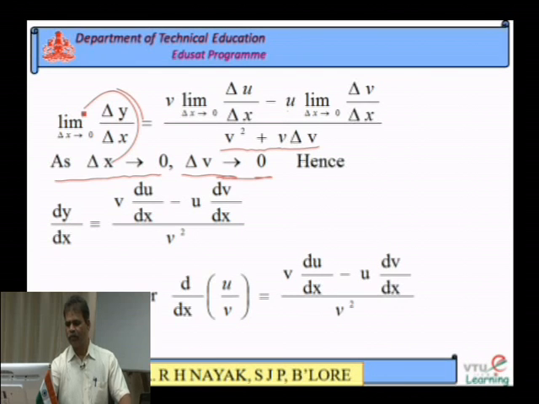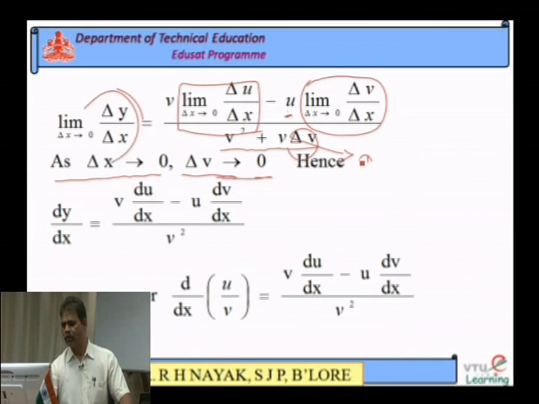This becomes v into du by dx minus u into dv by dx, whole divided by v square. Delta v is 0, so v into delta v is also 0, therefore v remains v square.